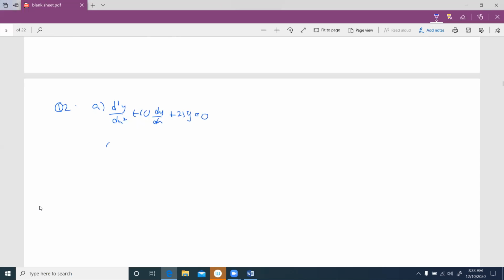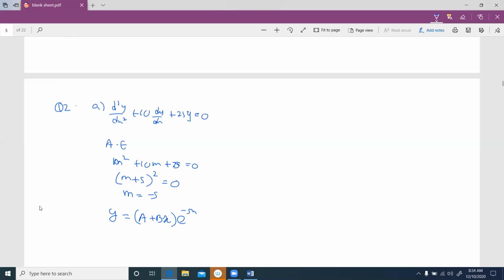So here the auxiliary equation becomes m squared plus 10m plus 25 is equal to 0. So you can say m plus 5 whole squared. How many solutions do you get? You get only one solution, m equals minus 5. Therefore, the general solution is a plus bx times e to the power minus 5x. Is that clear?